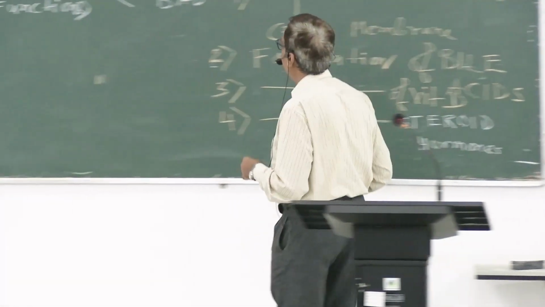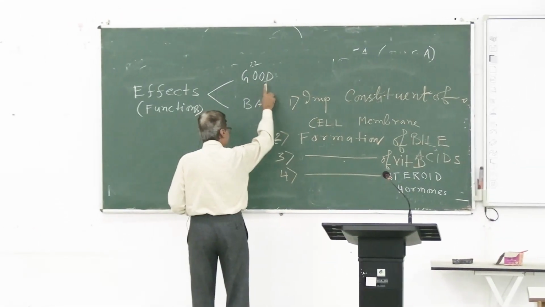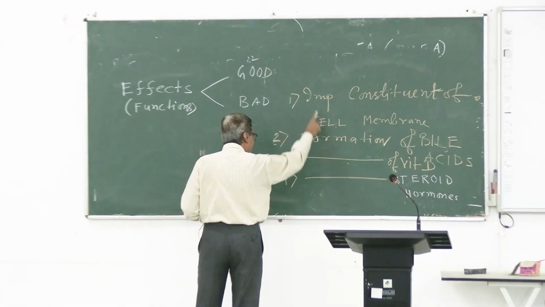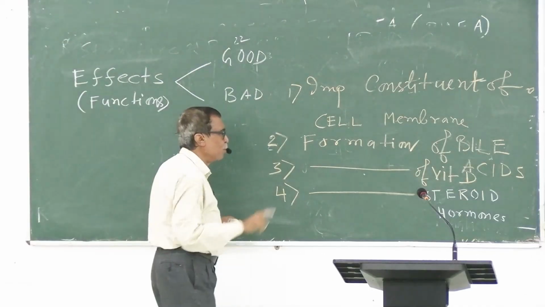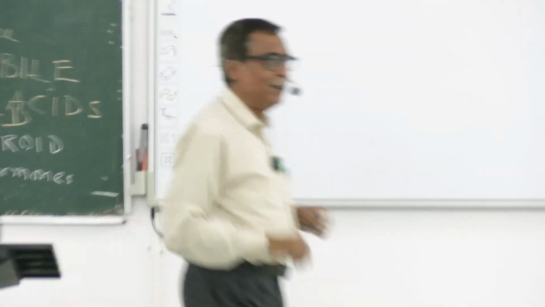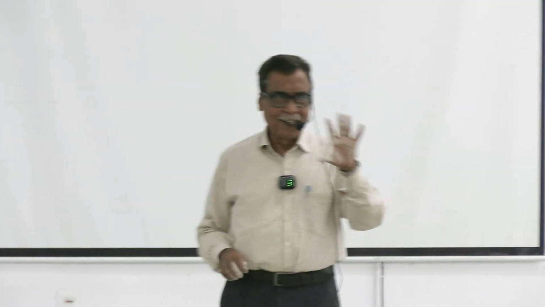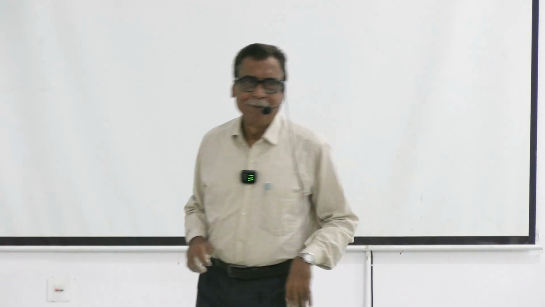So, cholesterol is not meant for bad one, cholesterol is meant for good effects, and the effects are like this: formation of the cell membrane, formation of the bile acid, formation of the vitamin D, formation of the steroid hormone. These things you have to remember, very common questions asked during Viva.